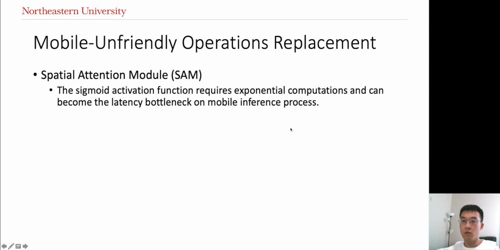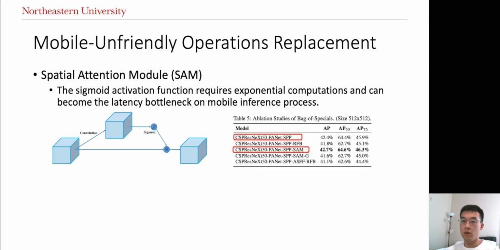Before we compress the model, we need to replace or remove some of the mobile-unfriendly modules and operations in the original YOLObile 4 network. For example, we remove the spatial attention module, which has an extra bypass convolution layer and a sigmoid activation function, because the exponential sigmoid activation function can become the latency bottleneck in the mobile inference process.